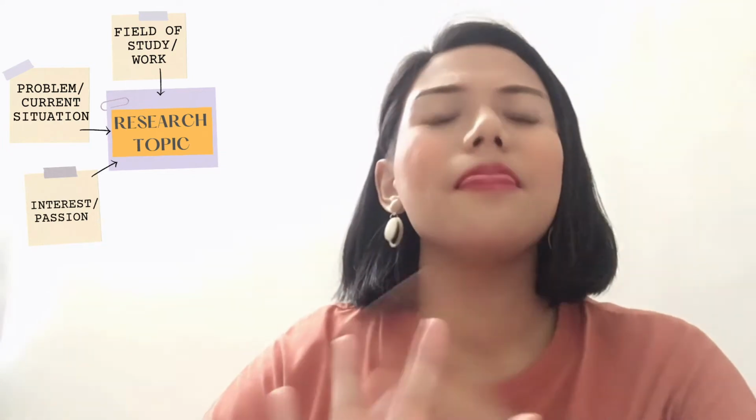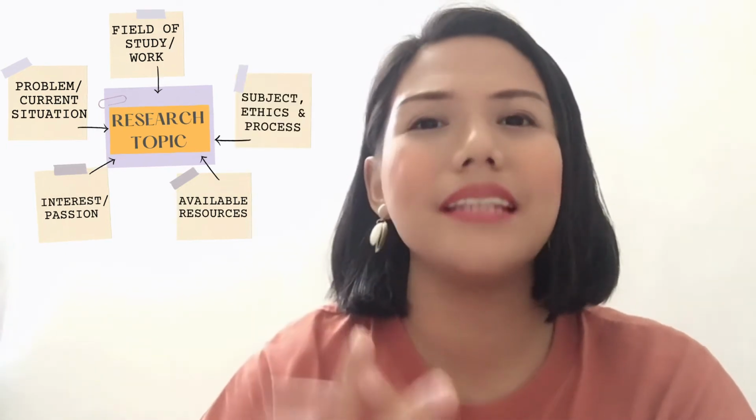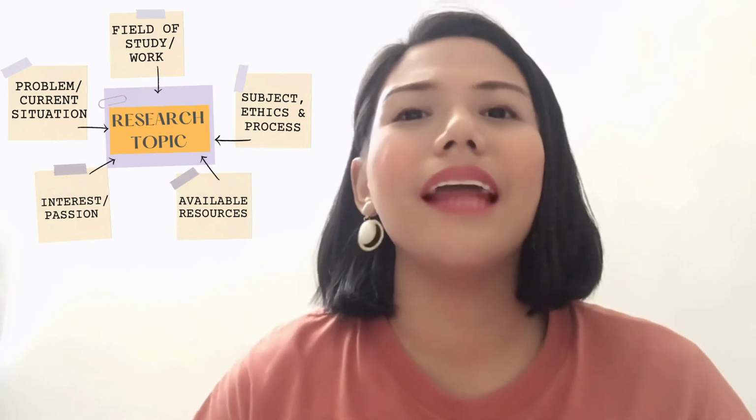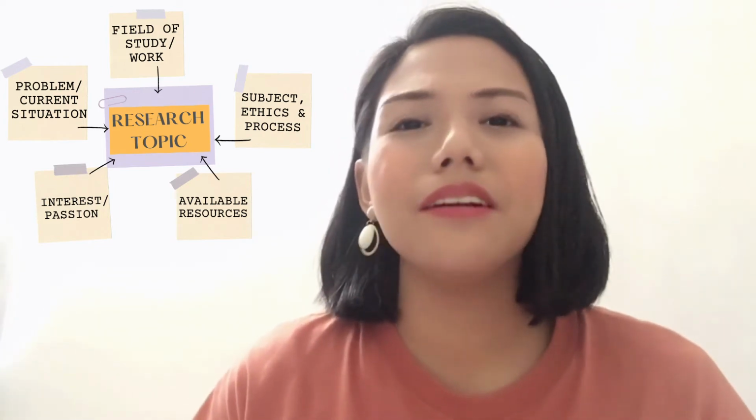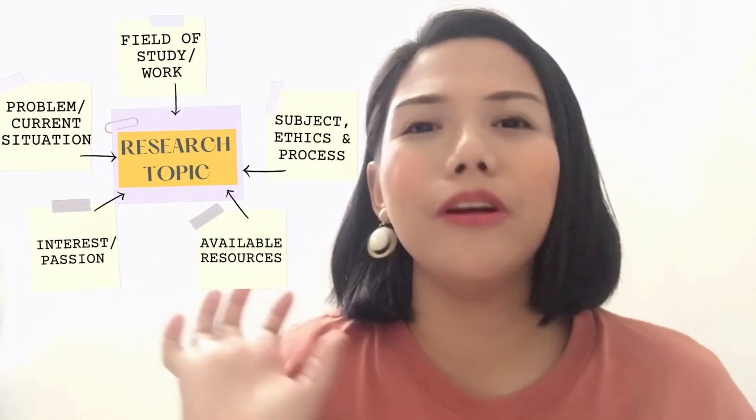Number 3 is your passion and your interest. Number 4 is the things that are available to you or the available resources. And number 5, consider your subjects or your respondents. Consider how you will maintain the ethical principles and consider the validity of your findings. So that's the 5 things that you need to consider.